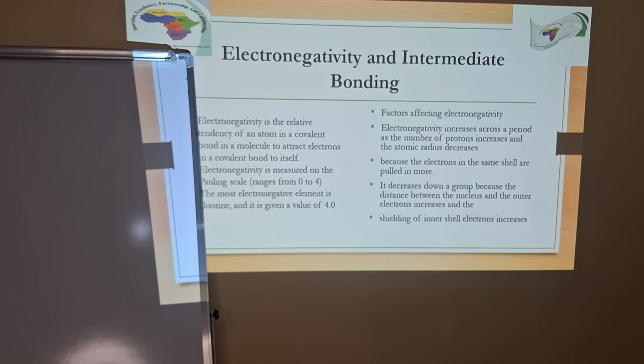So the factors affecting electronegativity: electronegativity increases across a period as the number of protons increases and the atomic radius decreases. As we move across a period, the proton number or atomic number will be increasing, whereas the number of electron shells will remain constant.